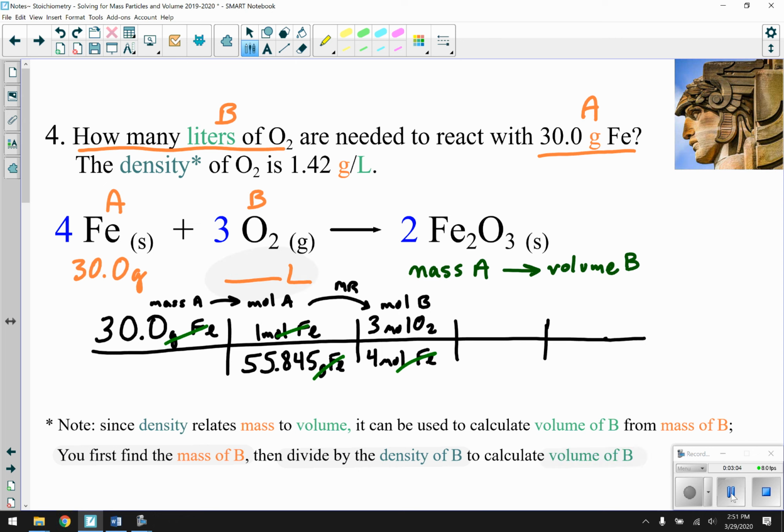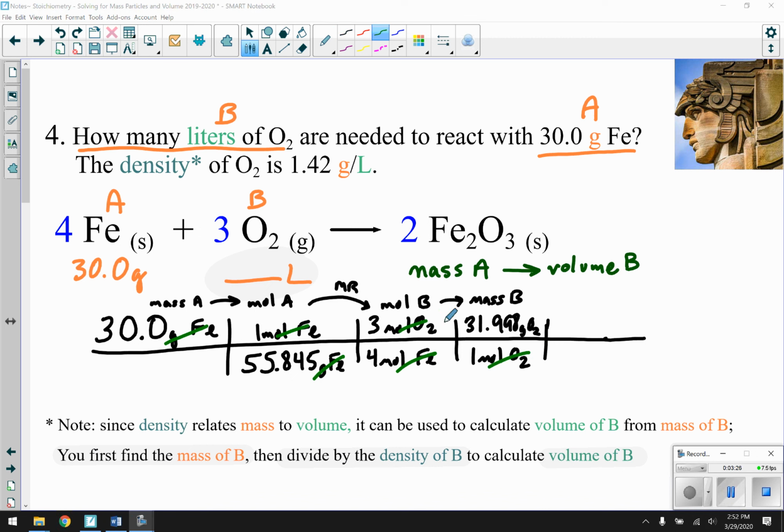So let's do it. To get the mass of substance B, I'm going to multiply by the molar mass of whatever substance B is, in this case oxygen: 31.998 grams of oxygen per 1 mole of oxygen.